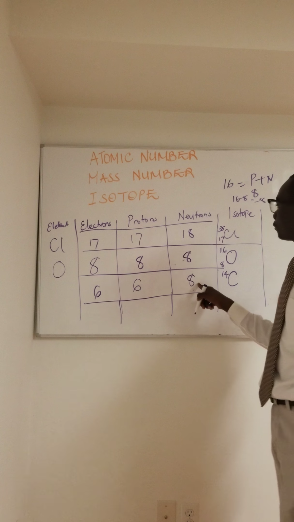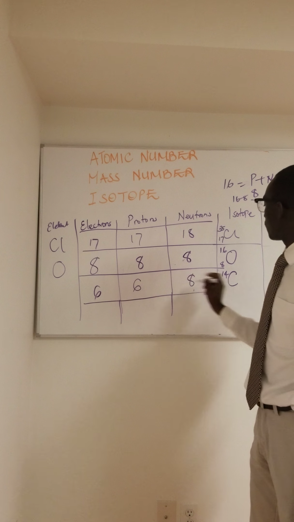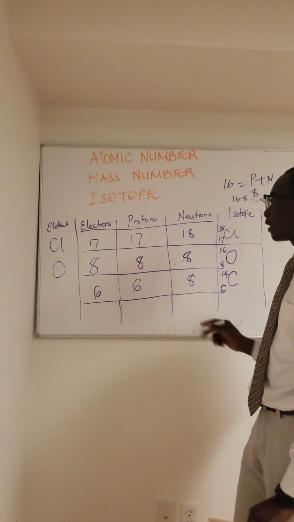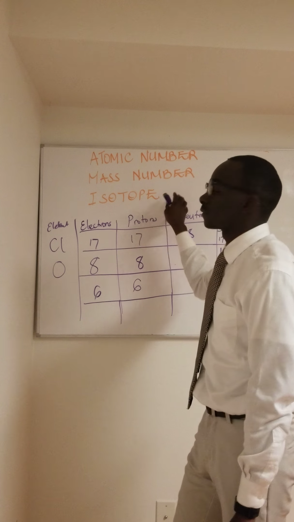So 8 neutrons and 6 protons, this plus this must give you 14, so this will give us carbon 14. The atomic number always gives you the name of the element. So this is one of the ways they can examine you on this section.